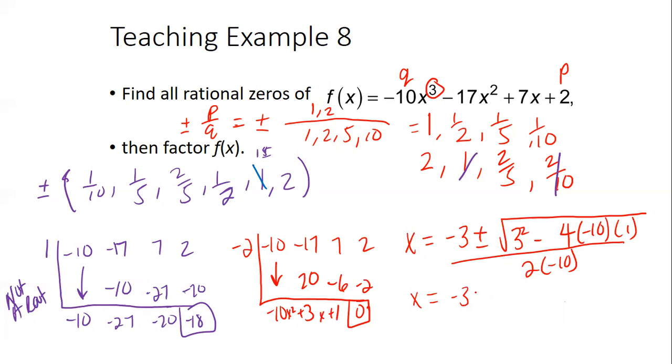So it gives me -3 plus or minus the square root of 9 plus 40. Is that right? 49, all over -20.